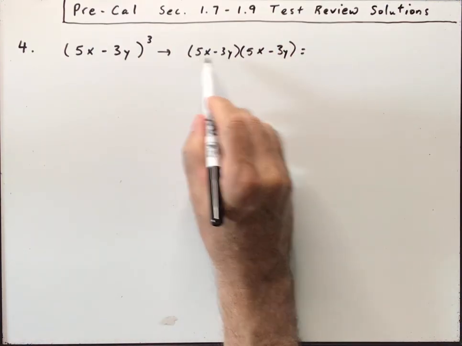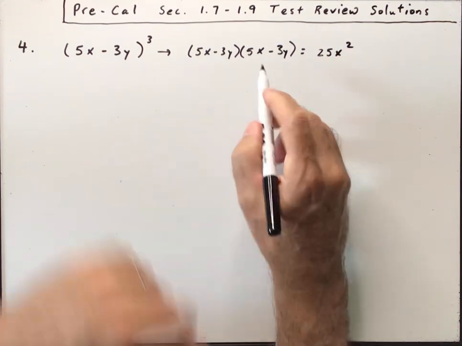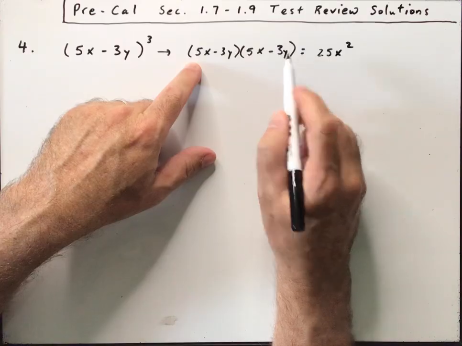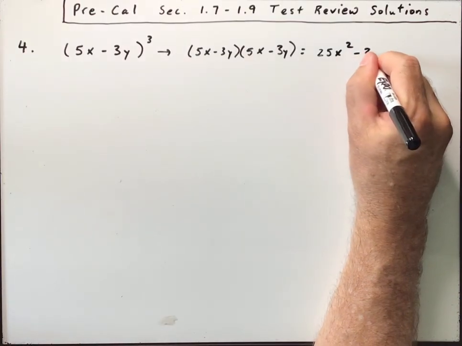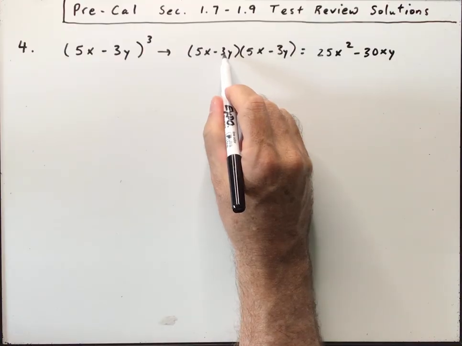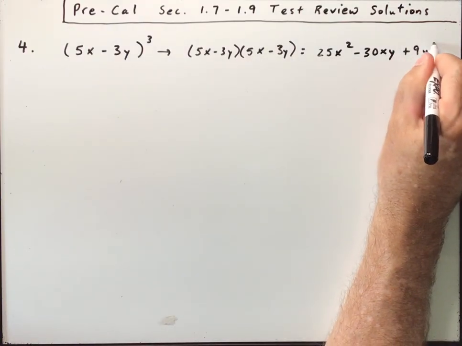So if we FOIL that out, that's going to be 25x squared, first terms, then minus 15xy, another minus 15xy, so that's minus 30xy. And then the last term, negative 3y times negative 3y, would be plus 9y squared.